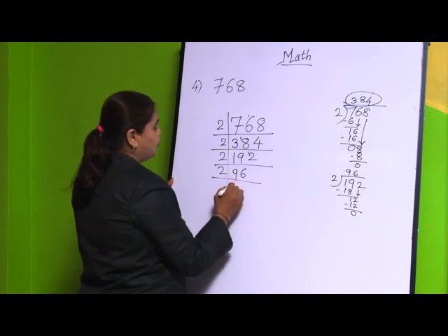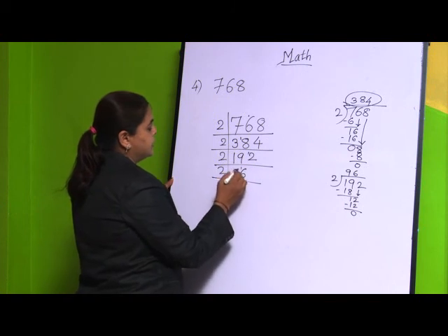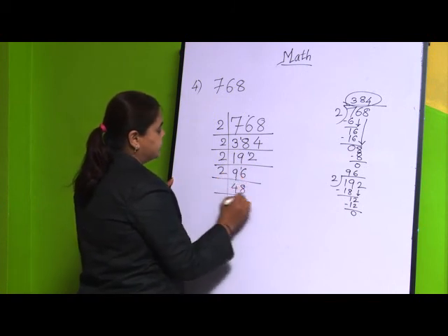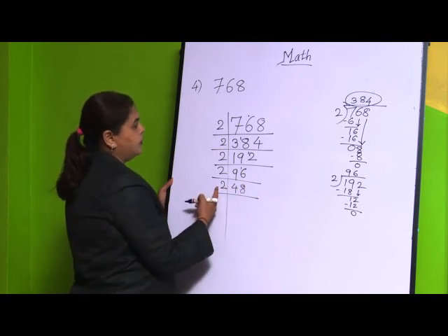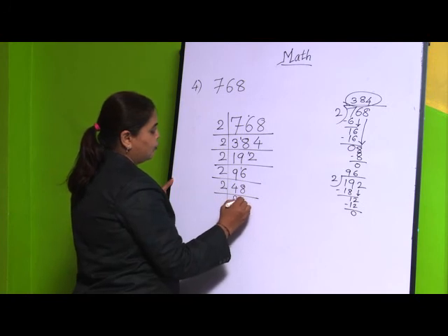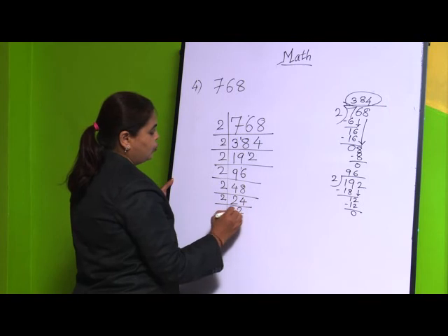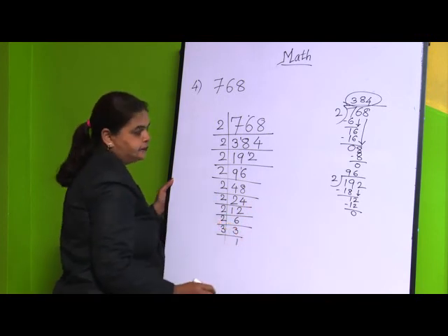So, 2 4s are 8, 1 will be left, 16, 2 8s are 16. Here again we have an even number, so it will be divisible by 2. 2 2s are 4, 2 4s are 8, 2 1s are 2, 2 2s are 4, 2 6s are 12, 2 3s are 6, 3 1s are 3.